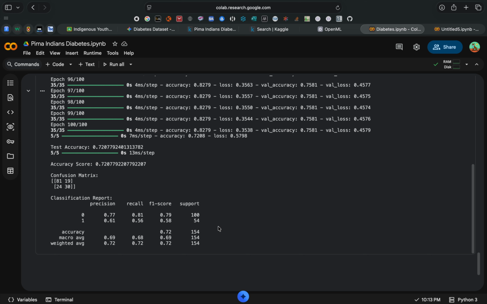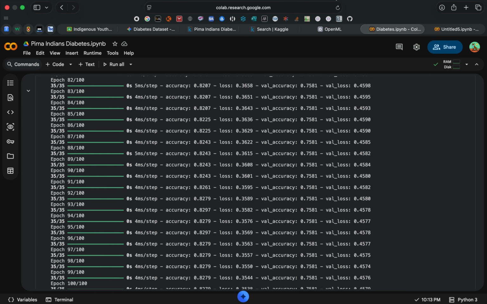In conclusion, this project demonstrates the process of loading a data set, pre-processing the data set, splitting it into training and testing sets, building a neural network, training the model, and evaluating its performance using accuracy, precision, recall, F1 score, and confusion matrix.